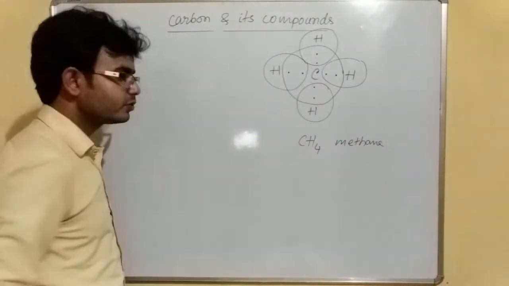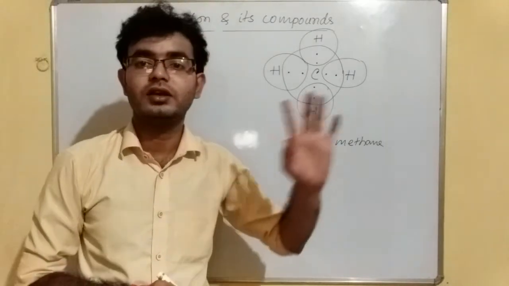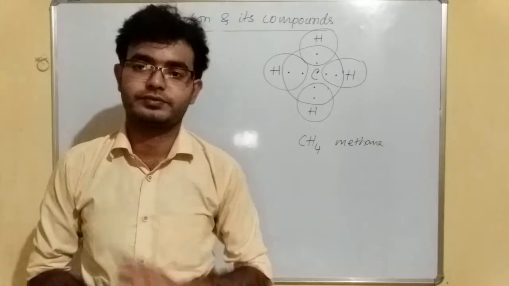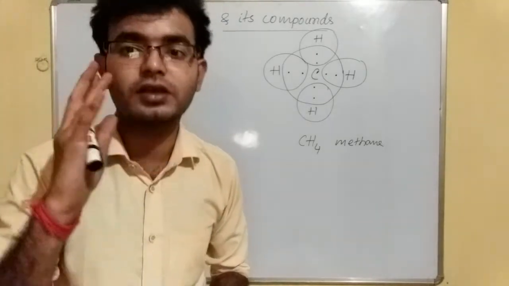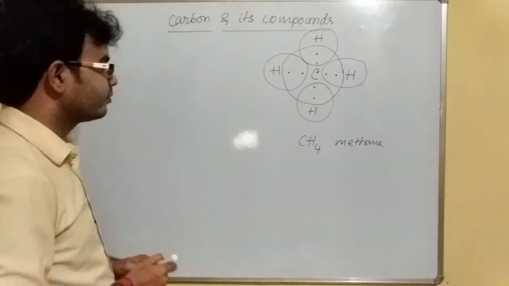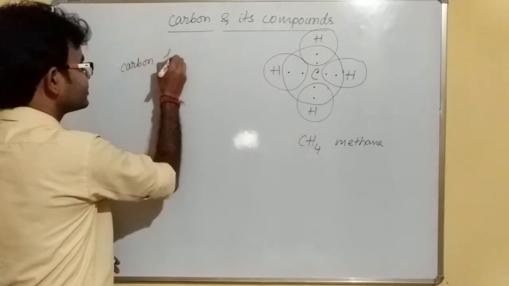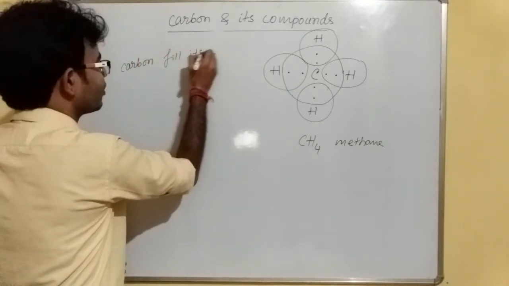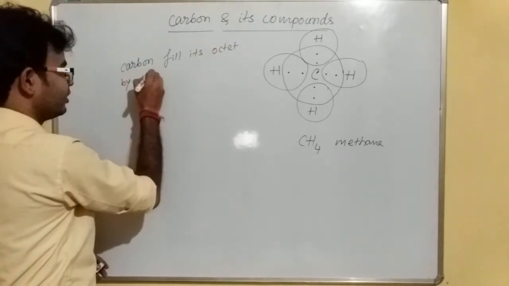Okay. Now the question is how carbon fills its octet? By sharing its valence electrons. So carbon formed the compound by sharing its valence electrons. Carbon fills its octet by sharing electrons.